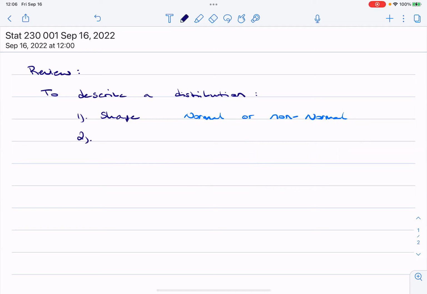All right. So then we looked at center and spread, right? Those were the three things that we needed to fully describe a distribution. We just eyeballed this. If we had a histogram, we'd be able to look at where most of the data is and what's a plausible range.